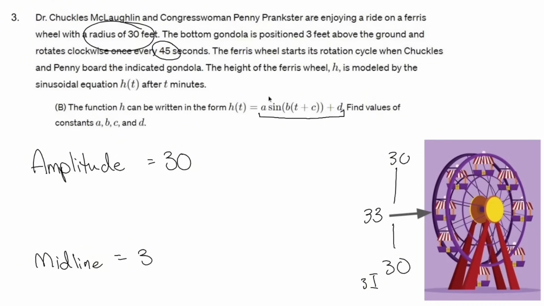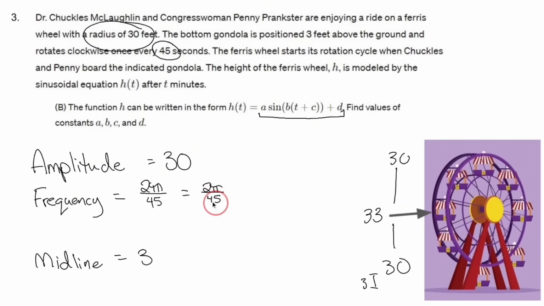If this is a sine function, I need to find B, which is the frequency. The frequency for a sine or cosine function is 2 pi over the period that you came up with, which is 45, which I can't simplify, so we'll leave that as 2 pi over 45.